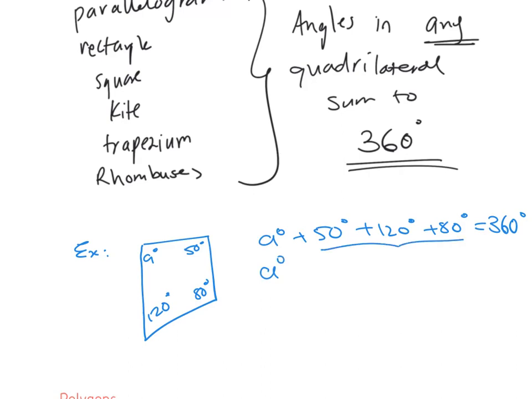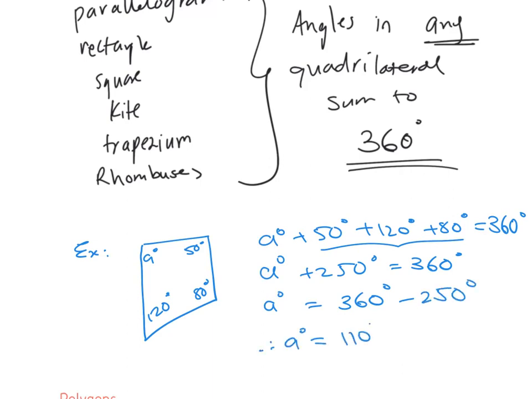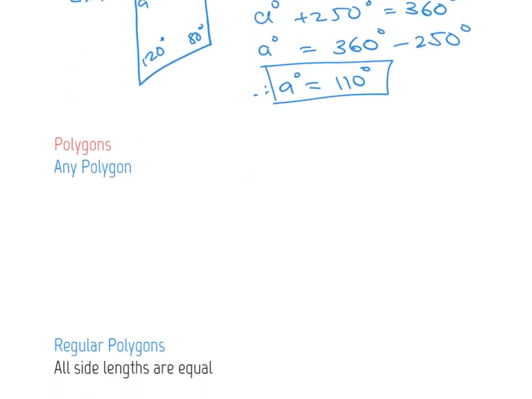Once I add all these up, that gives me 250. So I'll do 360 degrees minus 250 degrees. Therefore, A degrees is 110 degrees. Although the illustration really doesn't seem like it's 110 degrees, that is the working out.